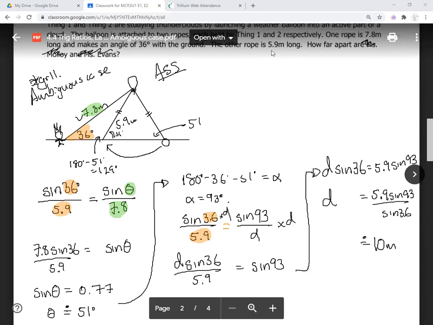So let's redraw this triangle. We have the long line, the 5.9 line, and the base that we're looking for. This is 36 degrees. This is 129 degrees. This is 7.8. This is 5.9. We are looking for that distance.